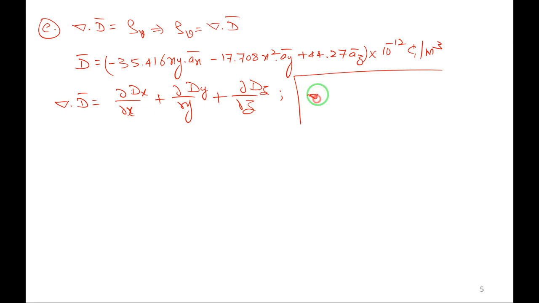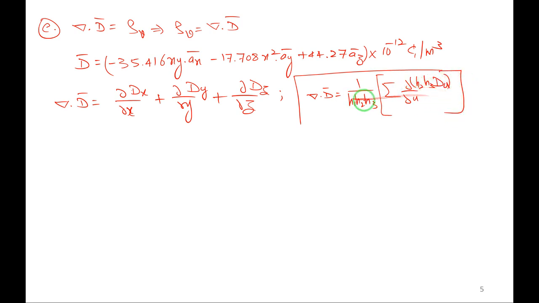If you don't know, del dot of D vector in general is 1 by h1 h2 h3 into summation of dou by dou u of h2 h3 Du.